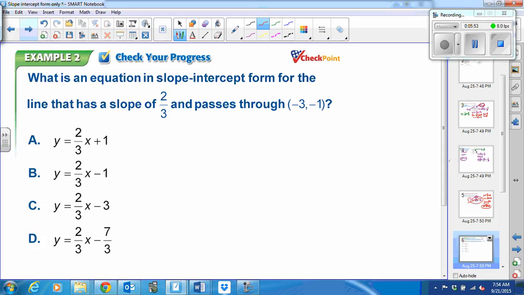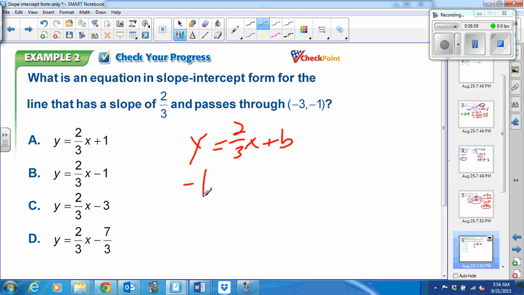Okay, same idea on this one. We have a line with a slope of 2/3 and it passes through (-3, -1). So we're going to say y equals 2/3 x plus b. And then we'll plug in the point that we've been given.